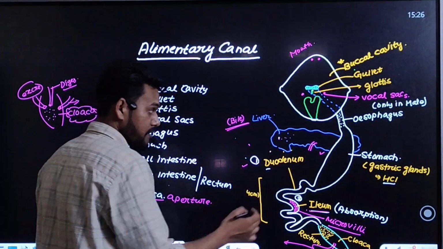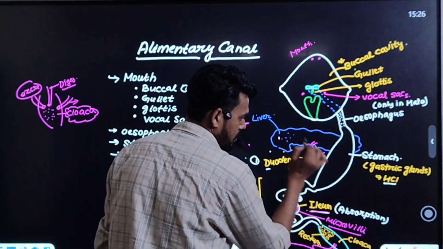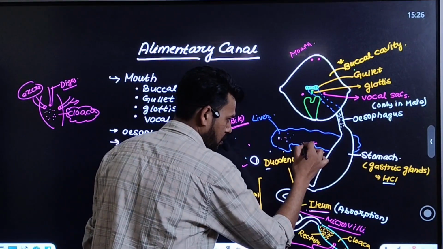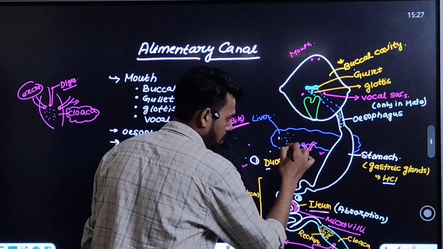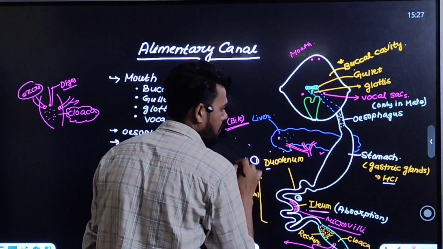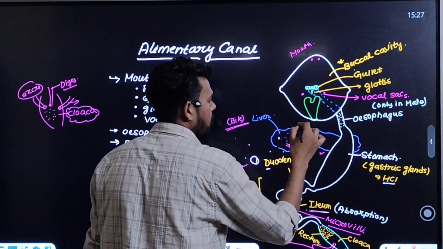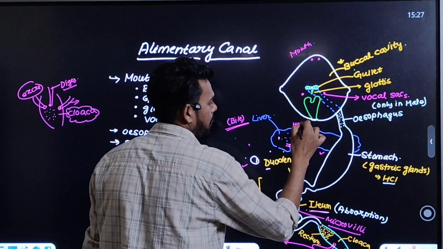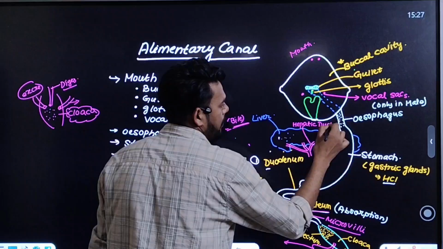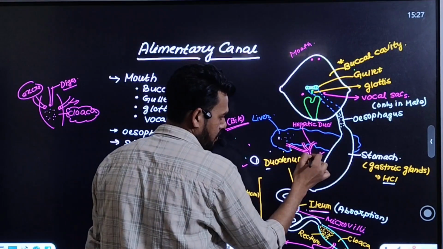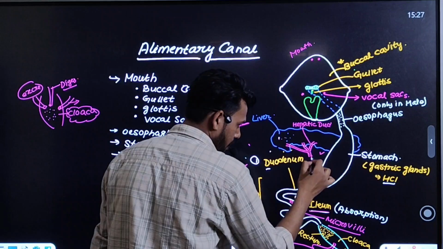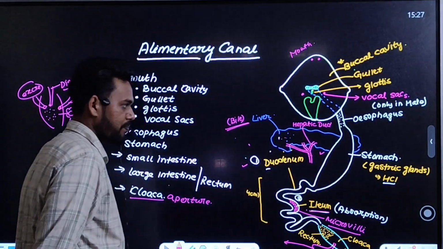So the liver releases its product through a duct. These ducts are called hepatic ducts. The hepatic duct carries bile juice to the next part of the digestive glands.